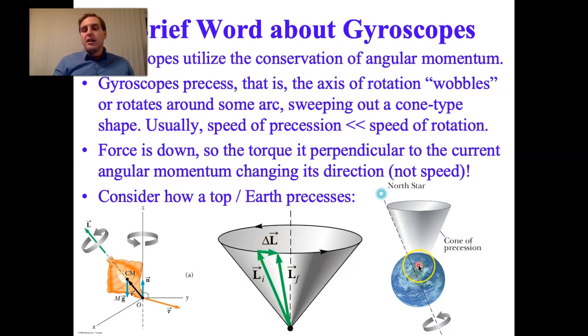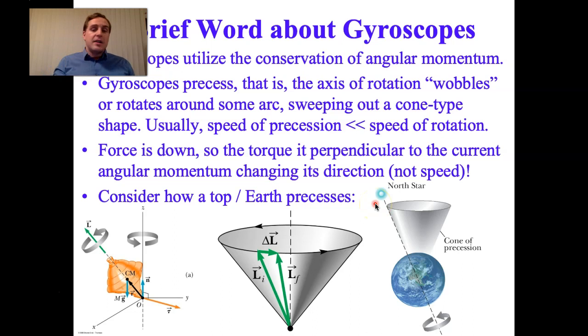Now, interestingly enough, Earth, in terms of its climate, over time, precesses. The Earth spins on its axis, but over time, it slowly sweeps out a cone. This happens over 20,000 years or more. I don't remember what the time scale is, but it's many, many thousands of years. Right now, the Earth has its North Pole pointed towards Polaris, the North Star.